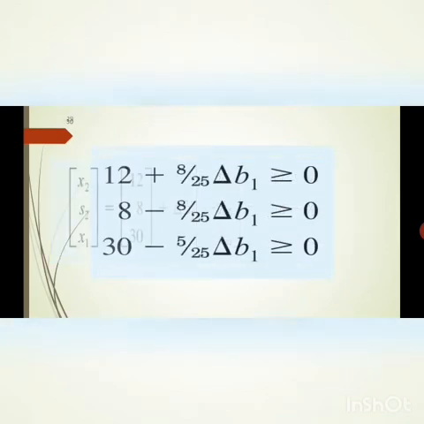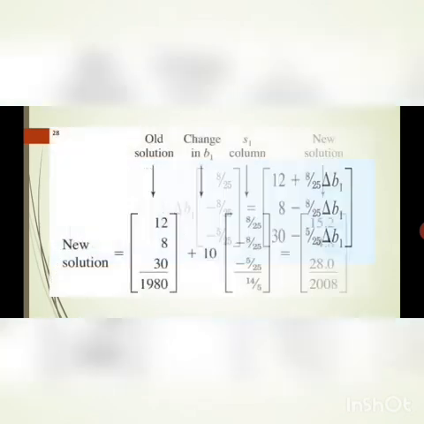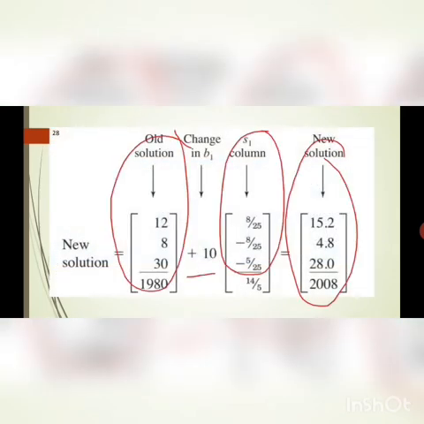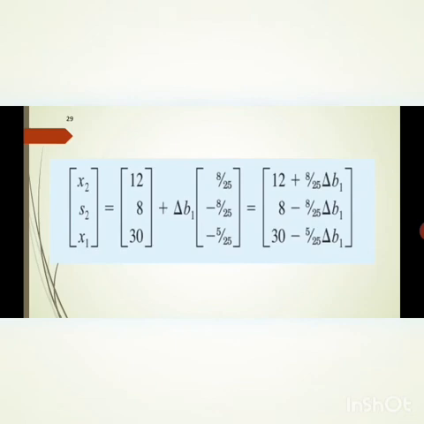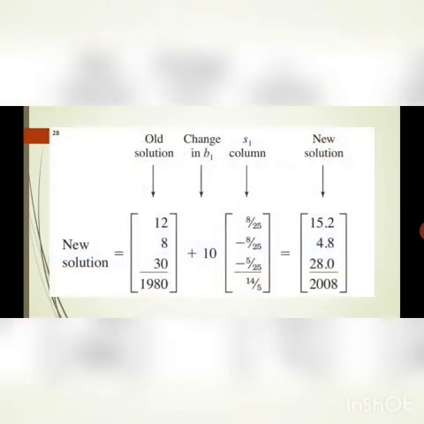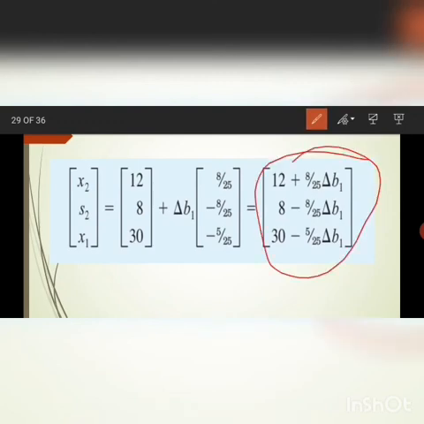We will refer to slide number 28. So we'll just copy the 12, 8, and 30 here. Then the next one is the change in B sub 1, 8 over 25, negative 8 over 25, and negative 5 over 25. Let's just copy that. So here is the new solution.